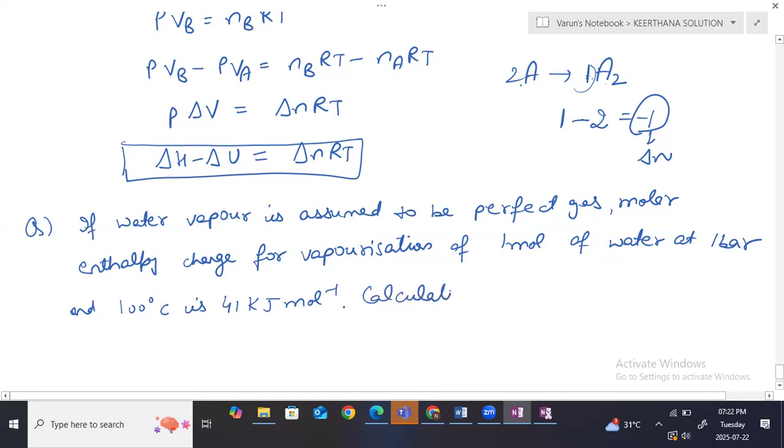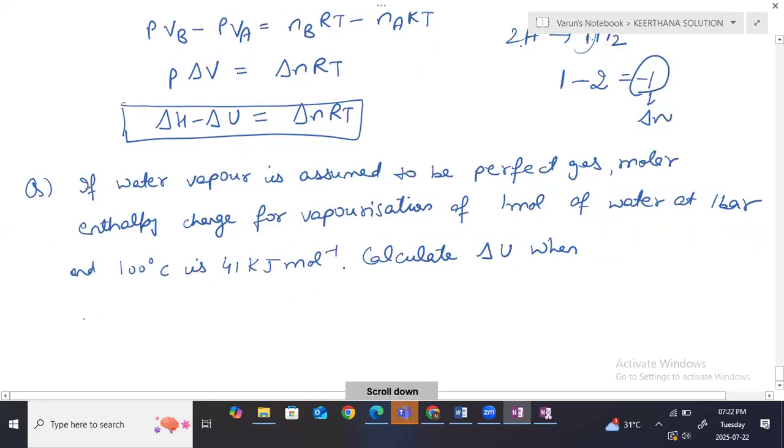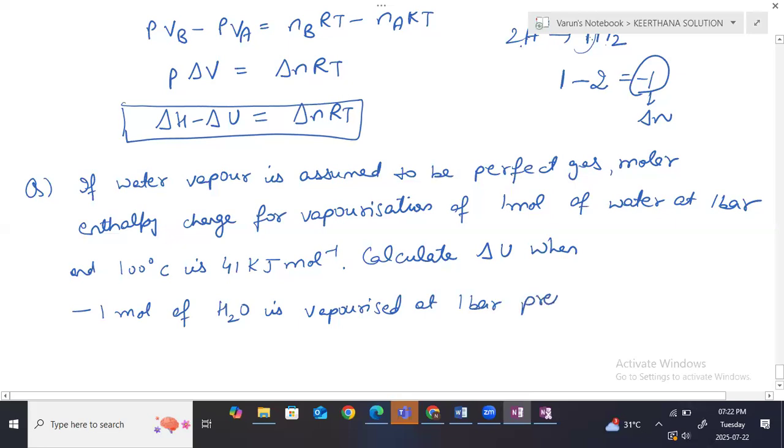Calculate delta U when 1 mole of water is vaporized at 1 bar pressure and 100 degrees Celsius.